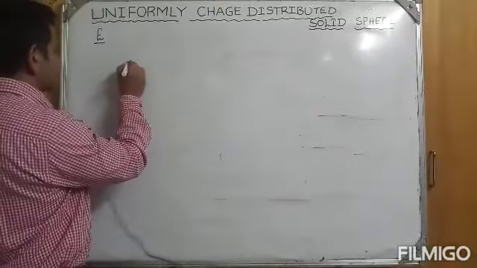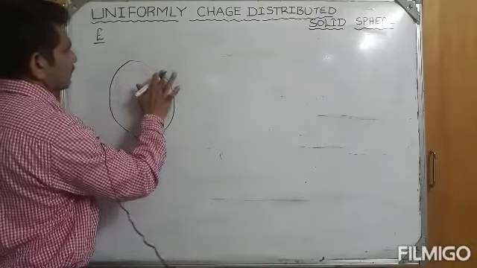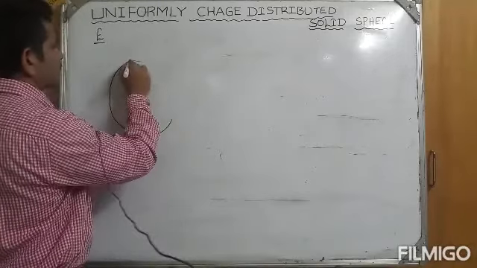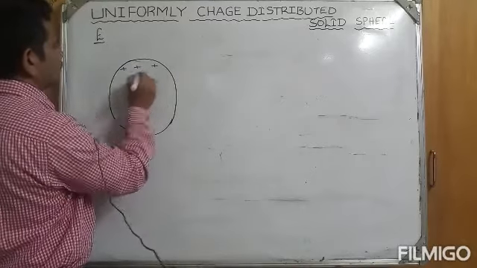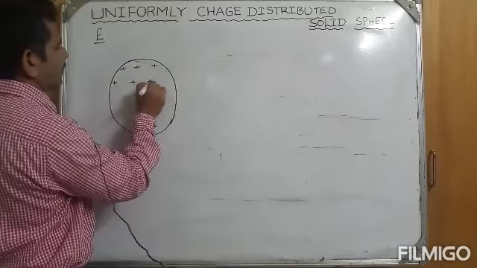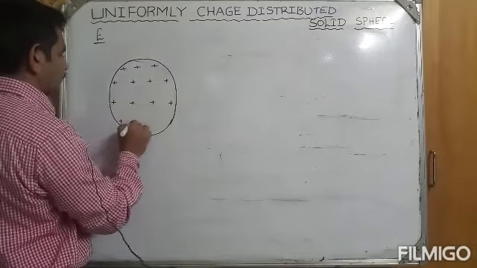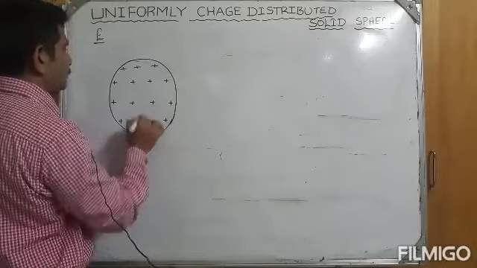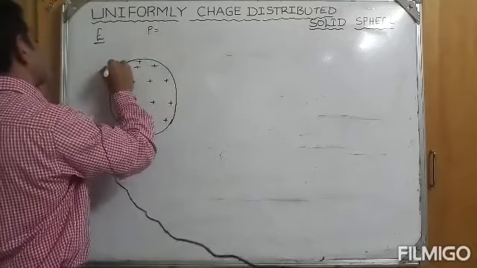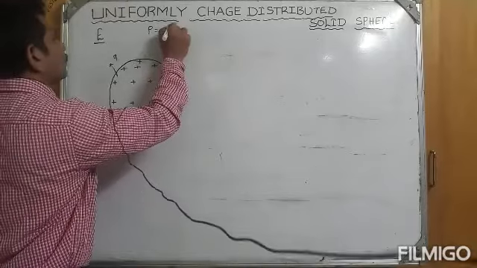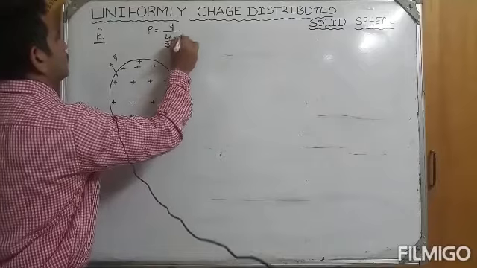Suppose this is a uniformly charge distributed solid sphere. It has one physical quantity, rho, and rho is constant. If it has total charge q, rho equals q by the total volume, 4 by 3 pi r cube.